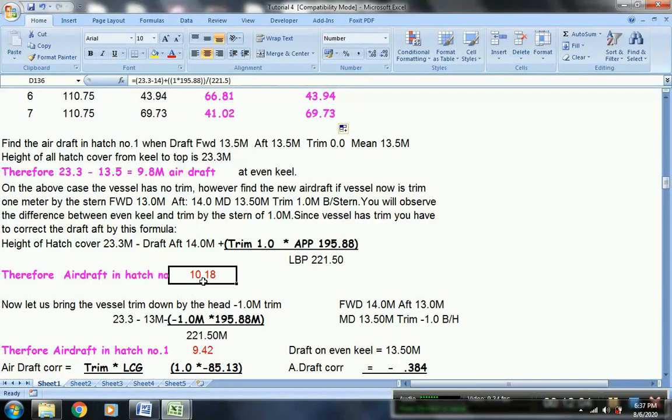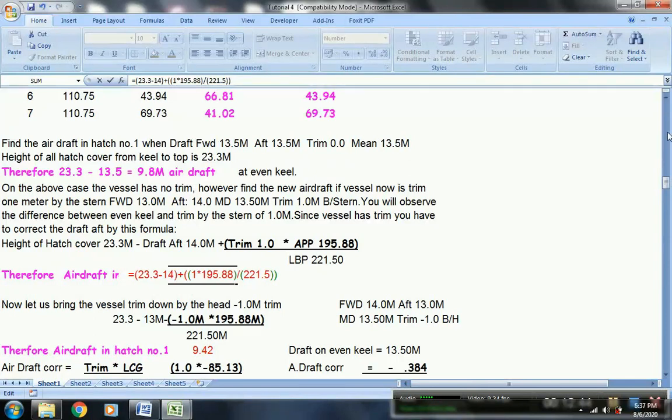So I will show the formula. Equals, open 23.3 minus the draft aft 14 plus the trim 1 multiplied by 195.88, close, then divide by LBP 221.5, then another parenthesis to get the correct answer.